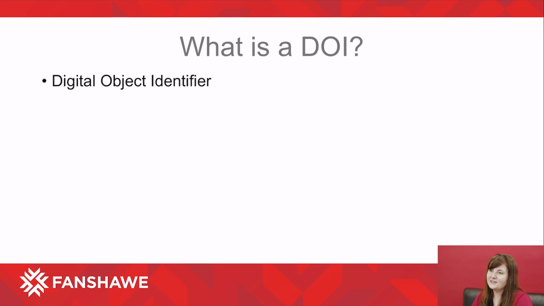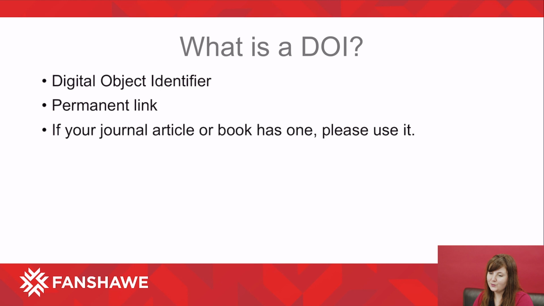A DOI stands for Digital Object Identifier, and it provides a permanent link to a source. If your journal article or book or any source has one, you should use it. But know that a lot of books don't have them, so it's okay to just end your reference after the publisher's name.